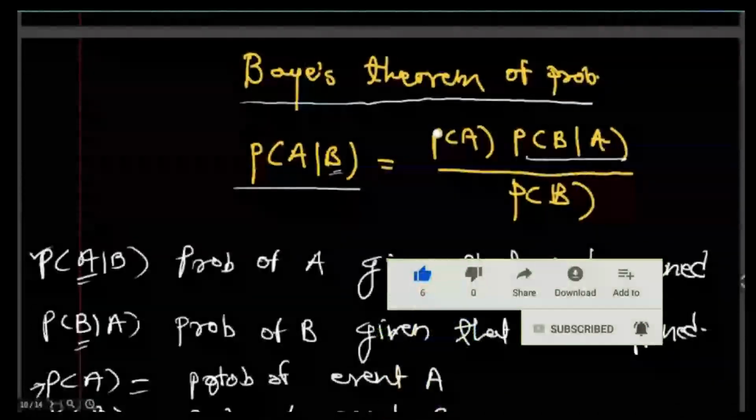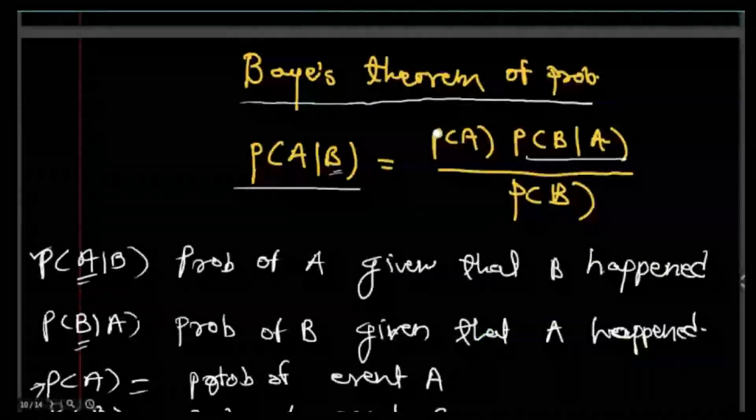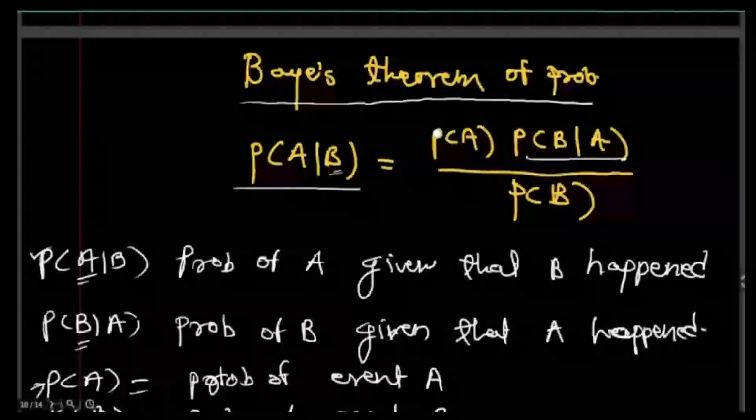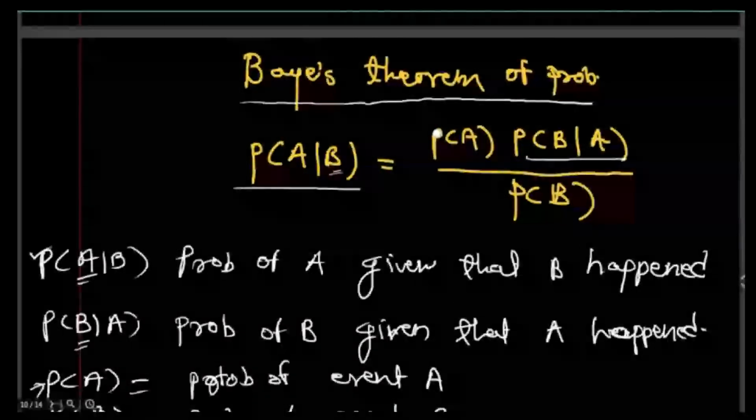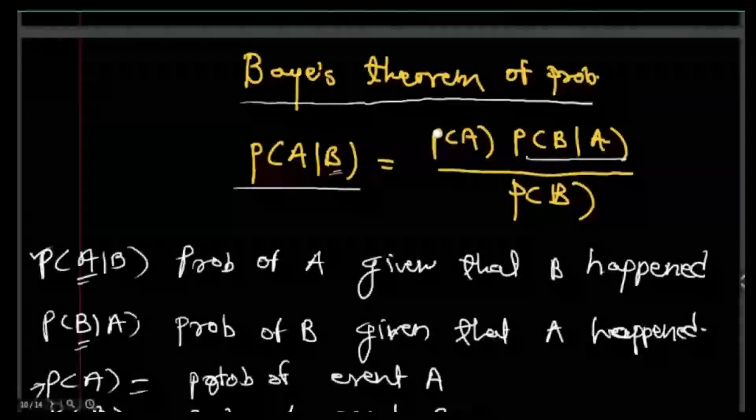In the last lecture we studied conditional probability, and what is meant by dependent and independent events, and how the probability of the first experiment affects the probability of the second experiment if the events are dependent. We studied it with respect to replacement and without replacement.